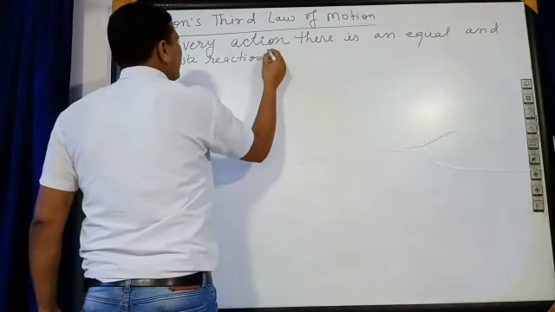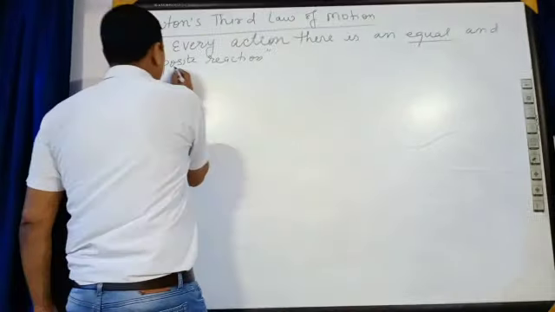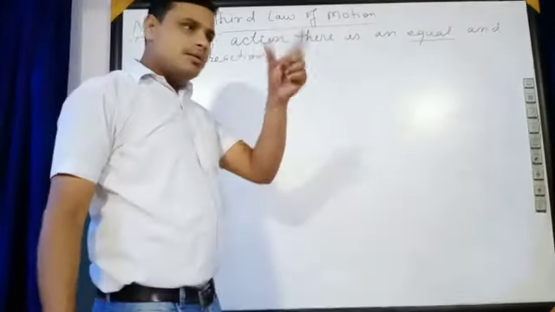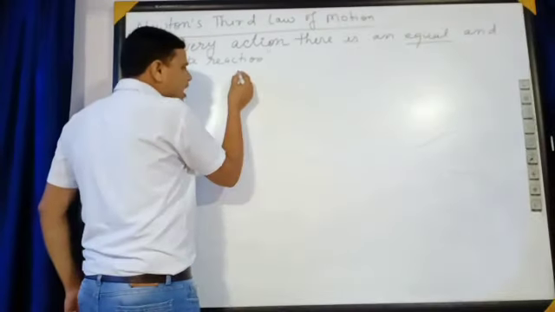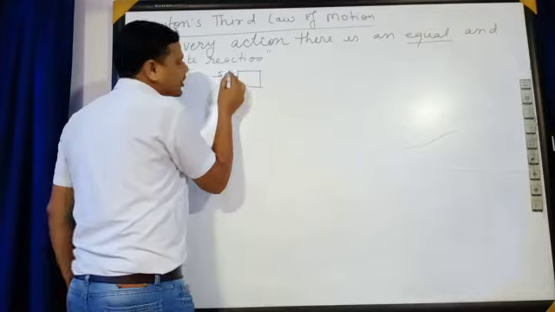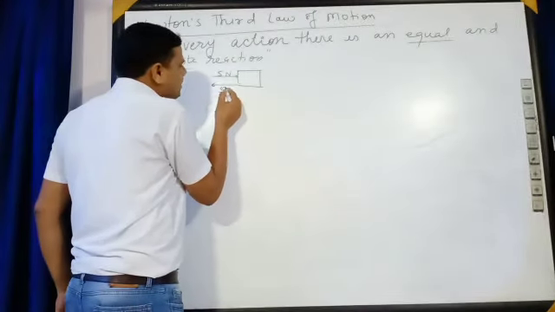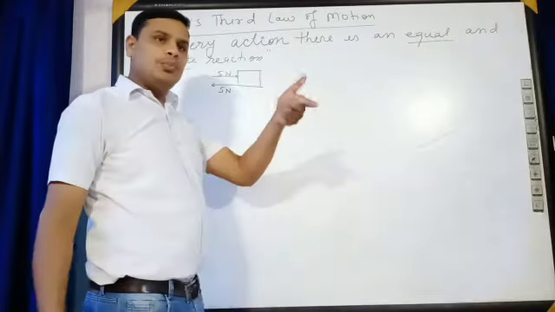That means to every action there will be an equal and opposite reaction. Suppose that I am applying a force of 5 Newton to a body, then the body will also apply a force of 5 Newton to me.